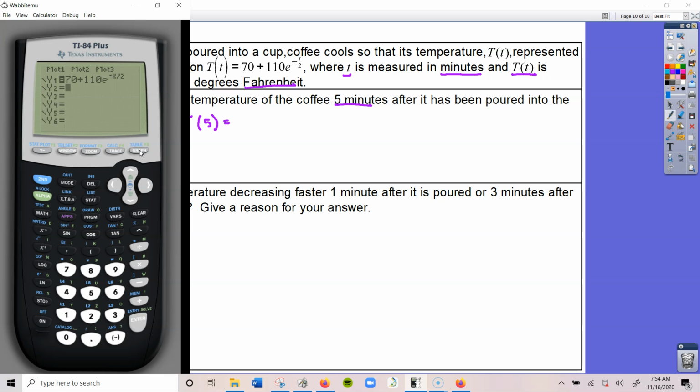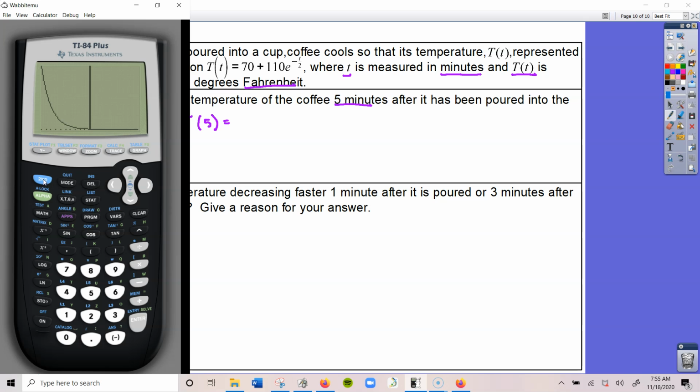And now I'm going to go ahead and graph. It's probably going to use the same window that I had before, so I'm going to go to my zoom and go to zoom fit. And here I get a better view of my graph.